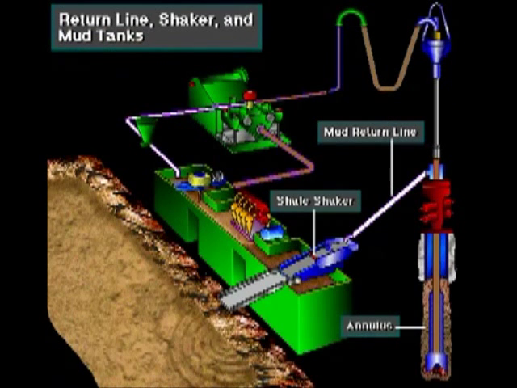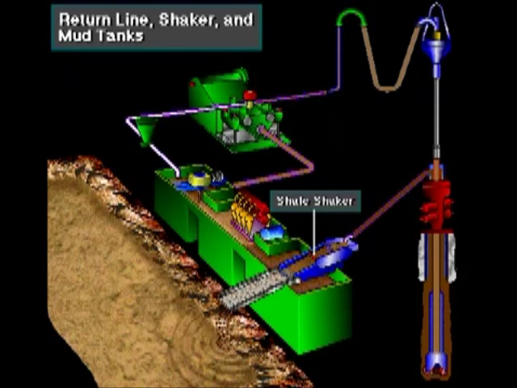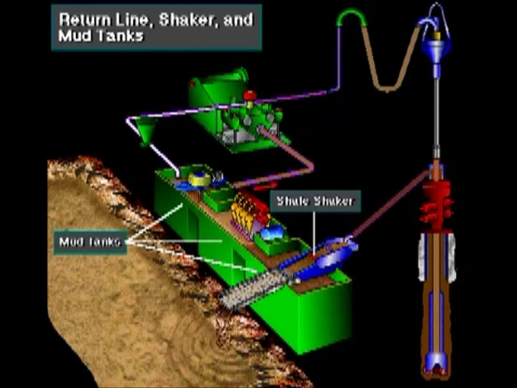From the annulus, the mud with the cuttings in it goes through the return line, sometimes called the flow line, to the shale shaker. The shale shaker removes the cuttings from the mud. The mud then falls into the mud tanks, where the mud pump can pick it up and continue the circulation process.